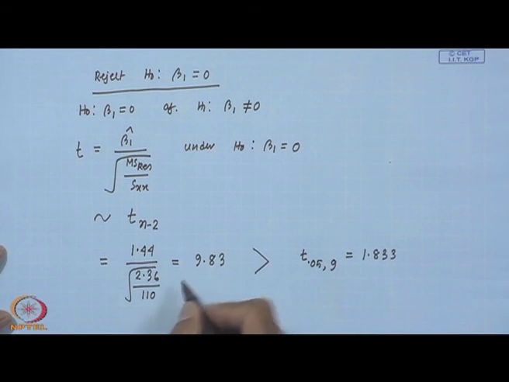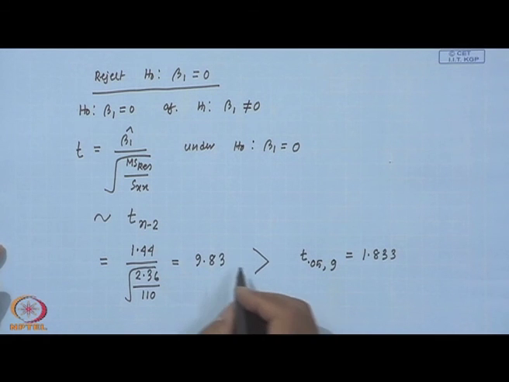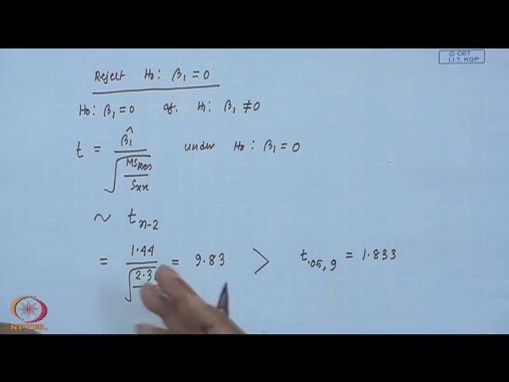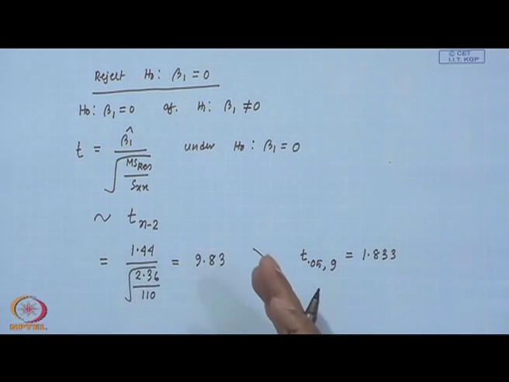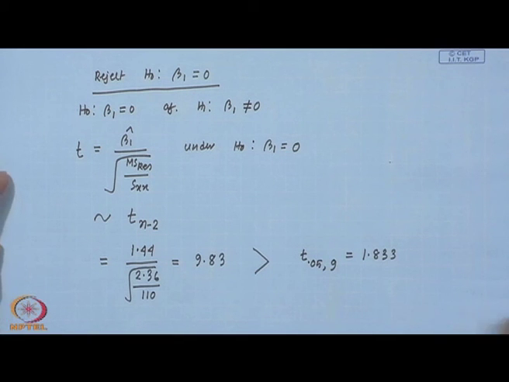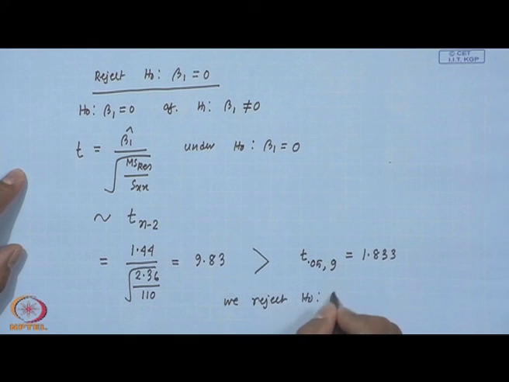So, of course, you will get the same result whether you use the F statistic for testing the hypothesis or the t statistic. In fact, F is equal to t square under the null hypothesis. Okay. So, here again the observed value is greater than the tabulated value. So, we reject H naught, that beta 1 is equal to 0.